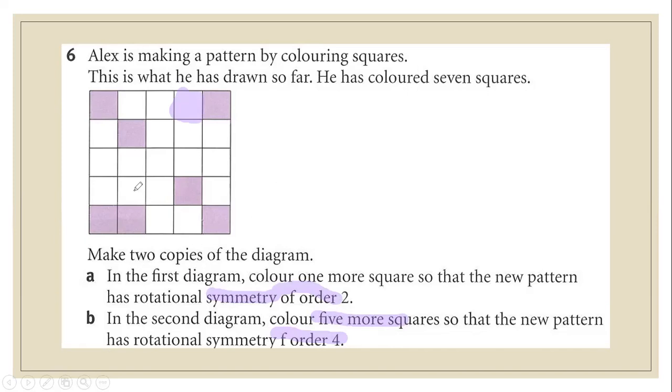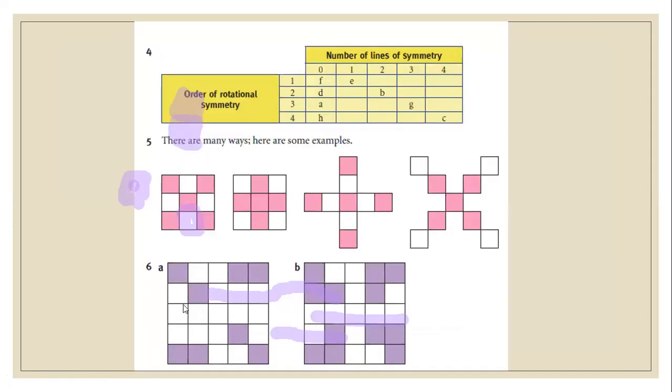If I put here 1, 2, 3, 4, and 5. If we color the 5, you will get this type of answer.